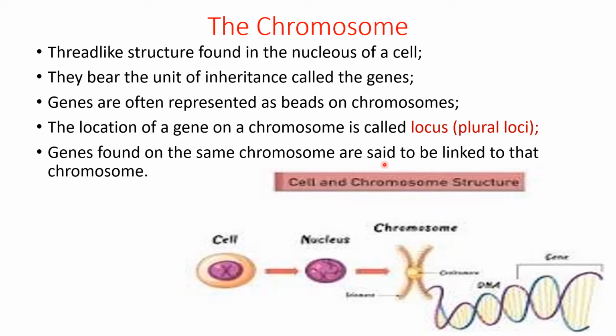Genes found on the same chromosome are said to be linked to that particular chromosome. So in the cell, we find the nucleus, in it are the chromosomes, and genes are located on the chromosome.